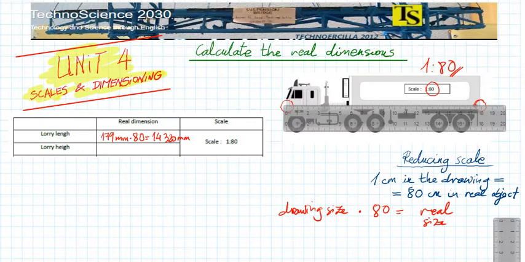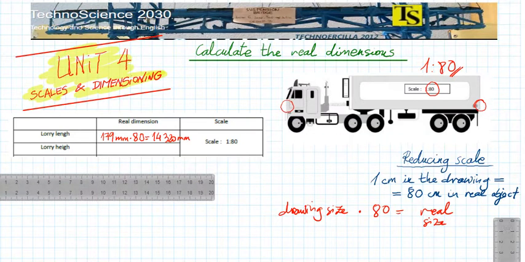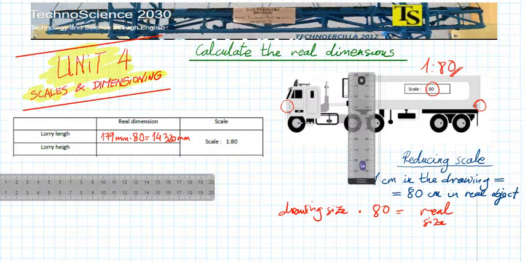Let's do the same for the lorry height. So we place the ruler in the right position.